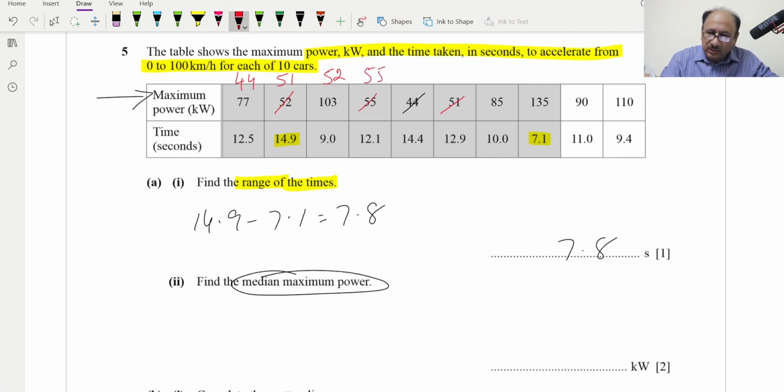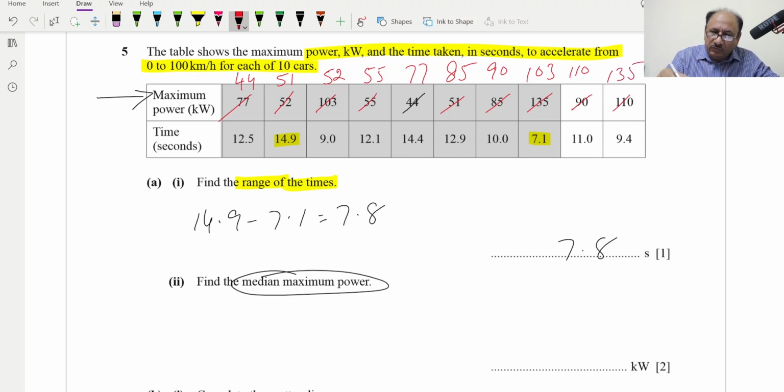Then comes 77, then 85, the next will be 90, then 103 and 110, and last will be 135.